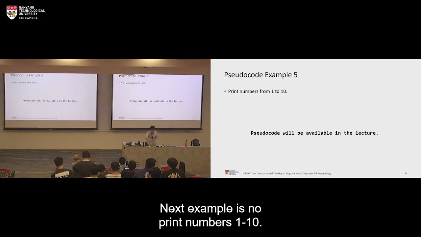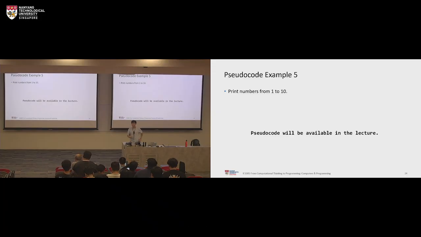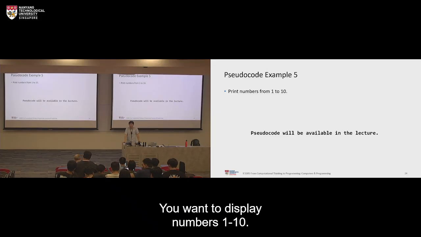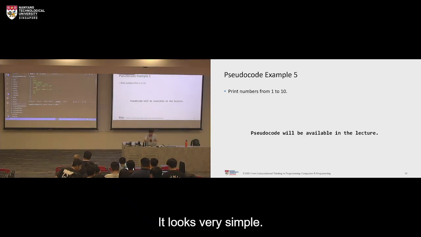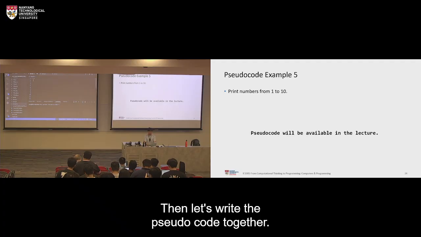Next example is print numbers from 1 to 10. So you want to display numbers from 1 to 10. It looks very simple, right? Okay. Then let's write the pseudocode together.